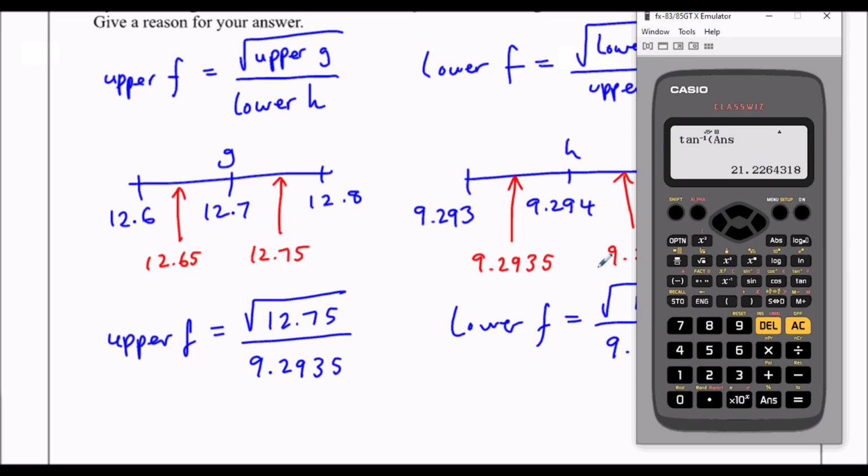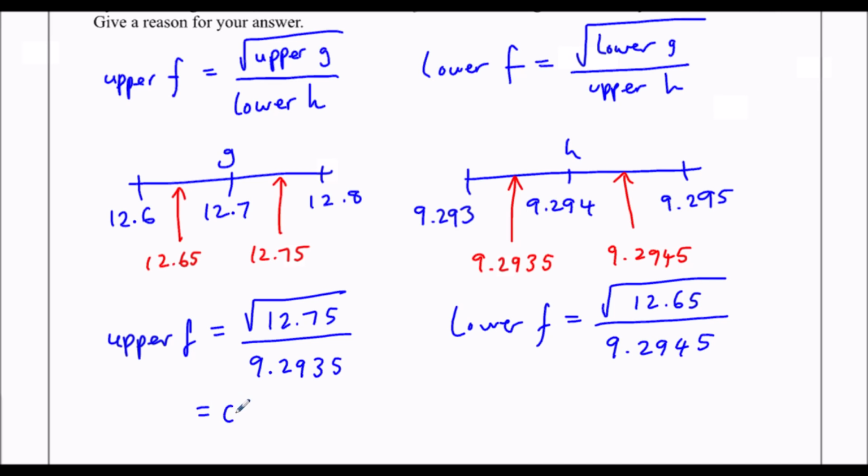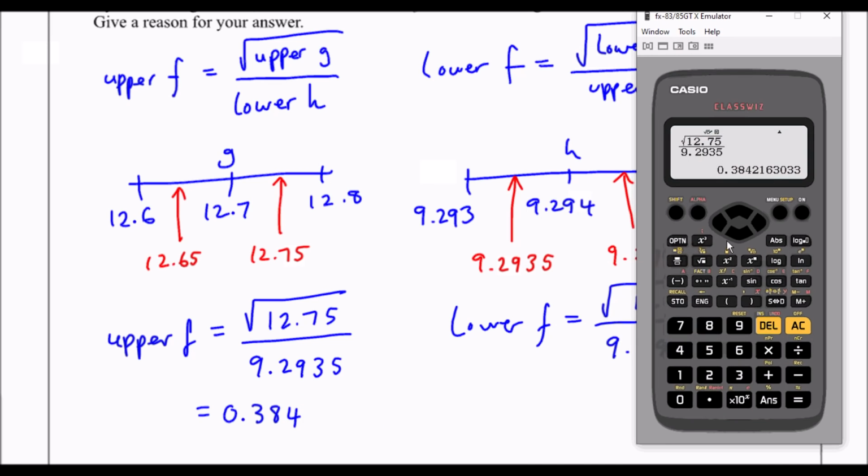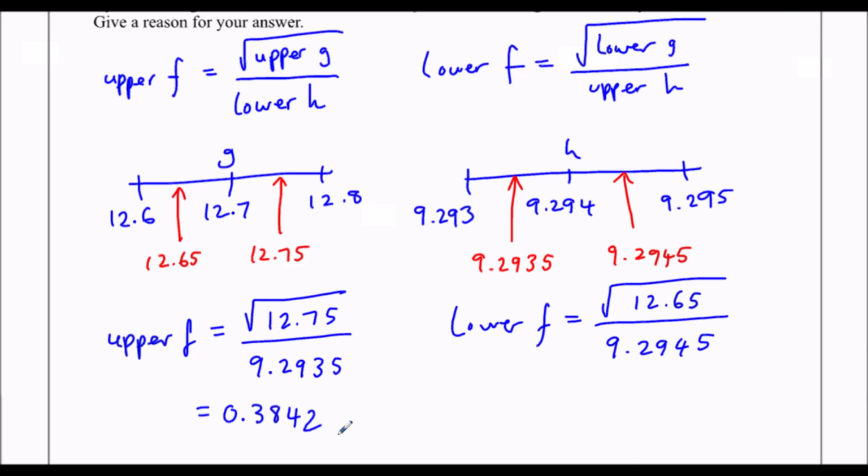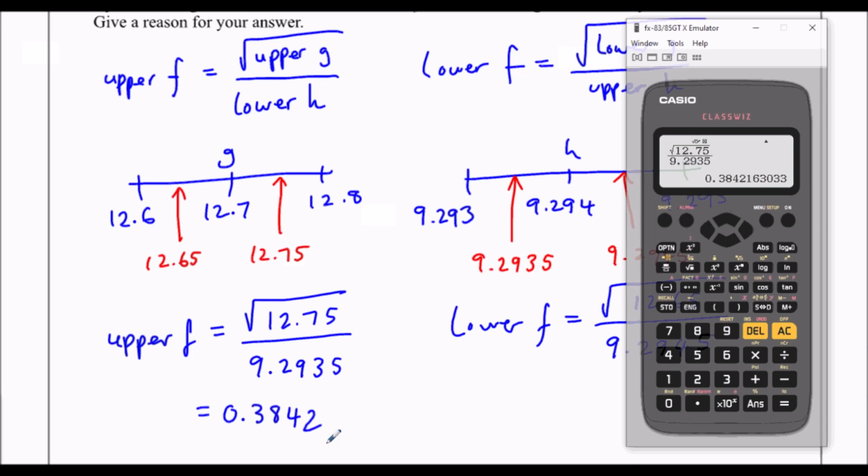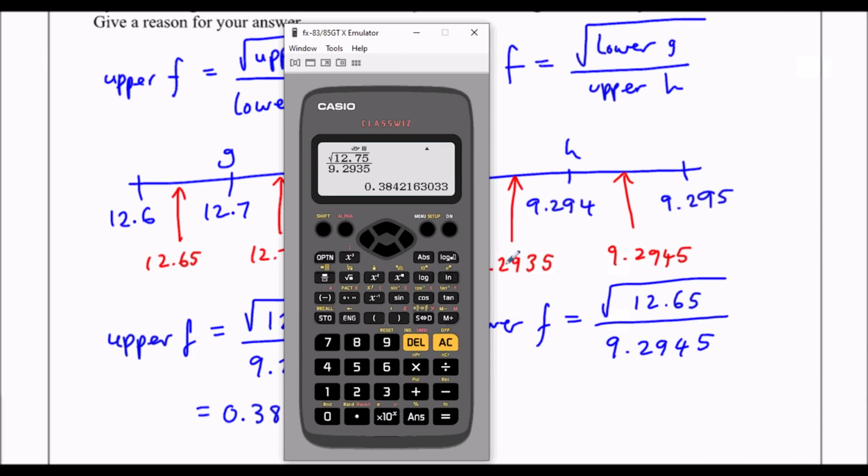So let's just write these in the calculator. 12.75 over 9.2935. So that's 0.384. That should be enough. I'll put a 2 as well. So I'll go to 4 decimal places. We're unlikely to need them.